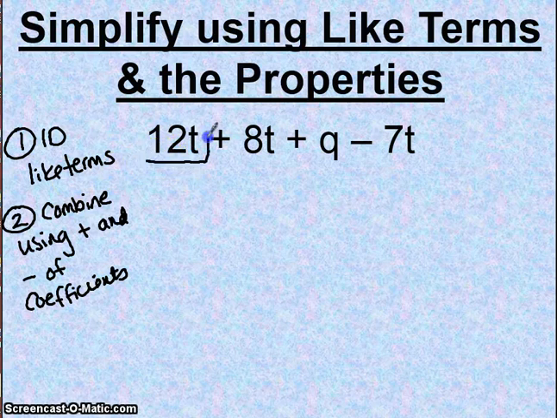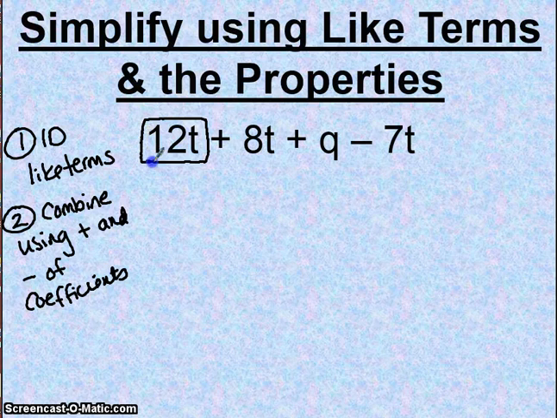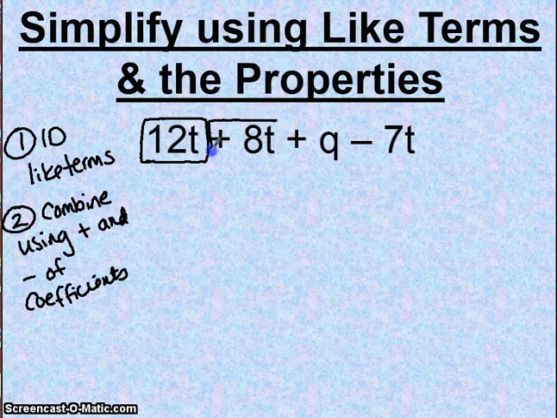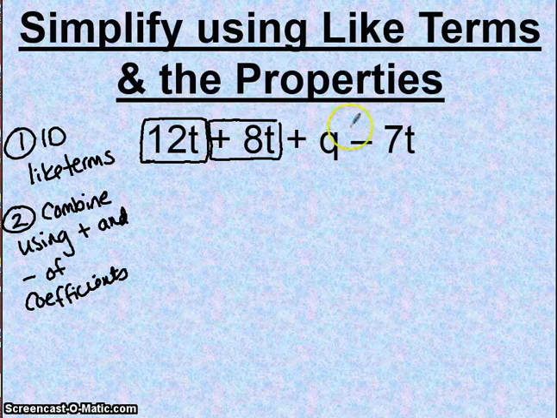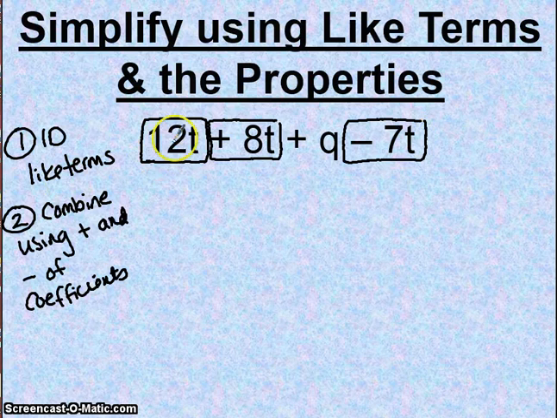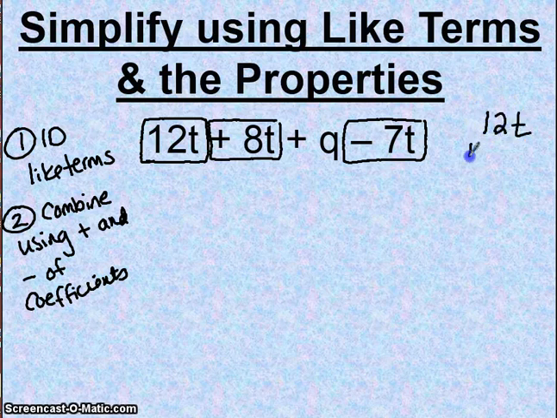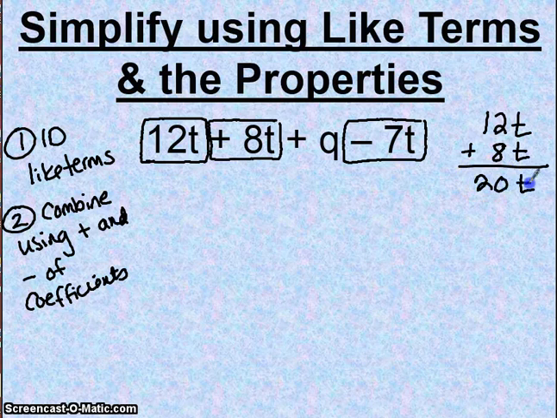So we have 12t, that's t to the first power. Are there any other terms with t to the first power? Well, we have plus 8t. Notice I'm grabbing the signs in front because that'll tell me whether to add or subtract. And negative 7t. So then start combining them. 12t plus 8t, and you can even write them on the side if you need to. 12t plus 8t makes 20t.